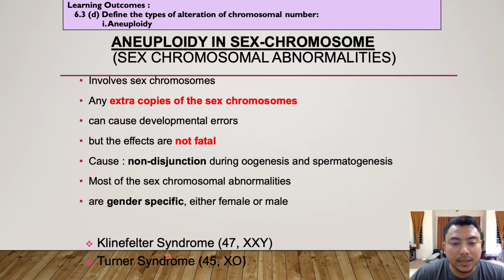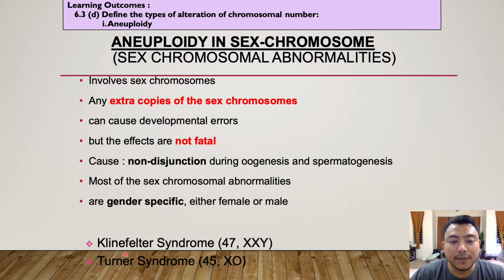Klinefelter syndrome has 47 chromosomes, XXY. Kenapa XXY? Kenapa 47? Sepatutnya kalau 46 we only have XY ataupun XX sahaja. Ni ada 3, XXY. For Turner syndrome pula dia ada XO, dia hanya ada 45 kromosom, dia kurang 1. Sepatutnya sama ada XY atau XX, tapi XO tak ada pasangan dekat sebelah sini.